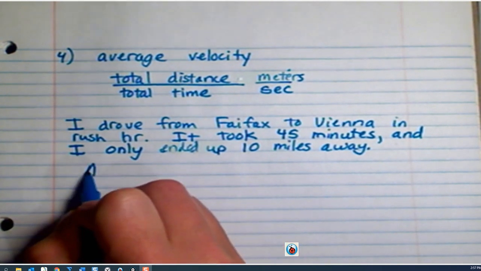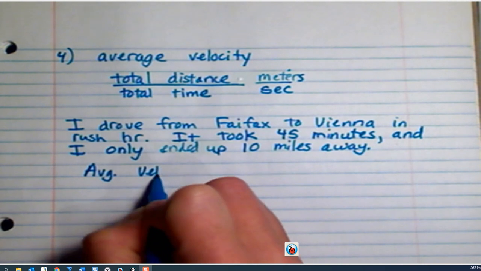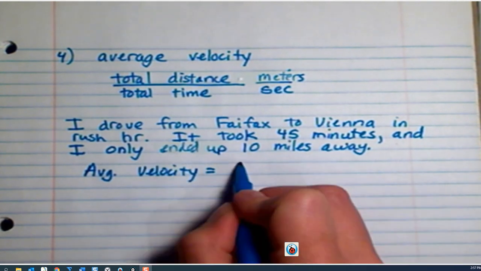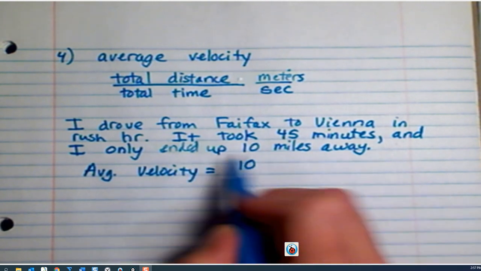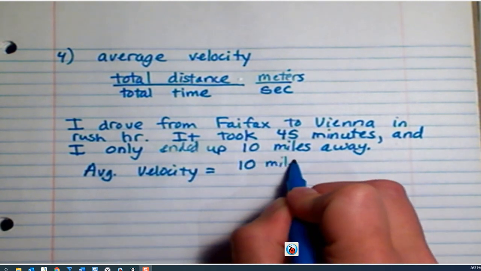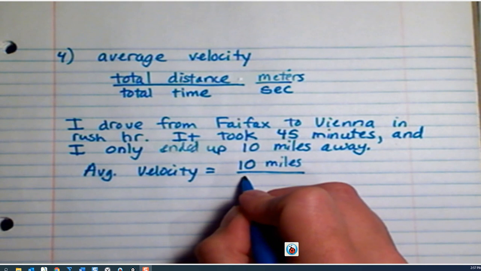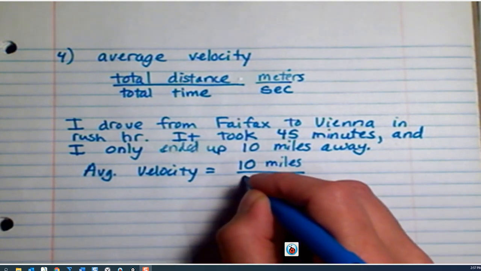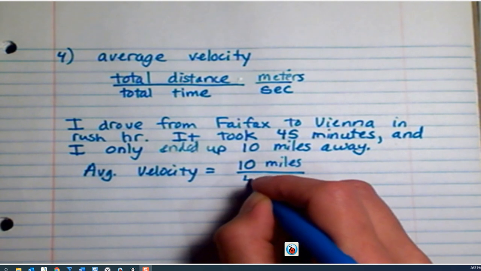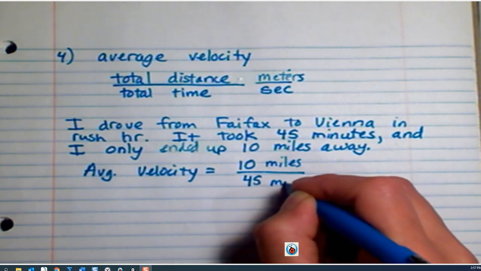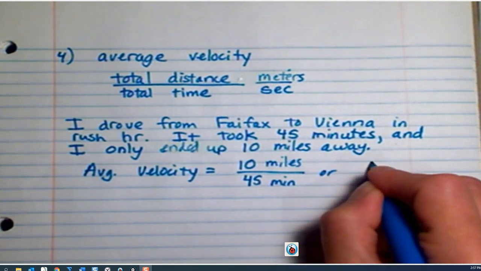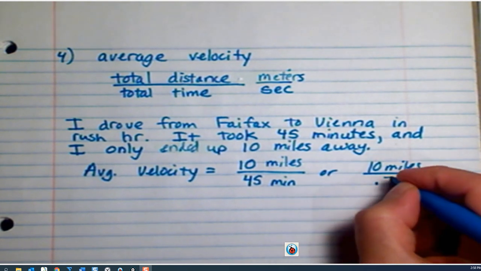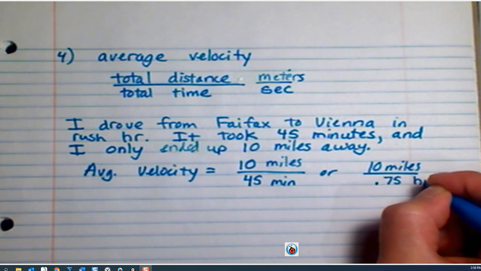So average velocity is how far did you travel, right? How far away did you end up? 10 miles over 45 minutes. Okay, now we can do 45 minutes or we could do 10 miles over 0.75 hours.